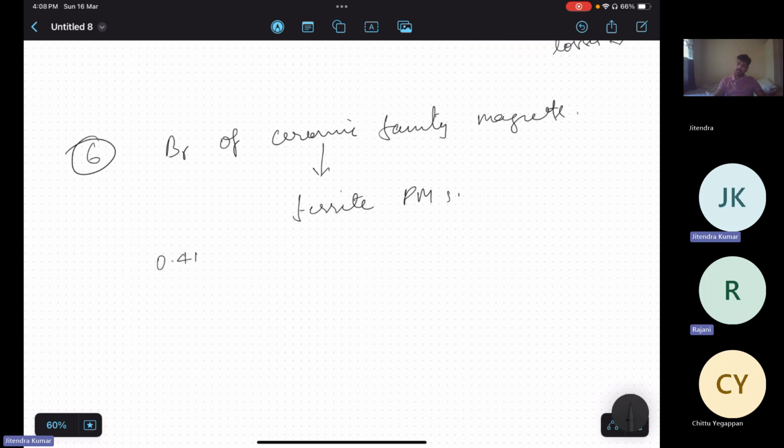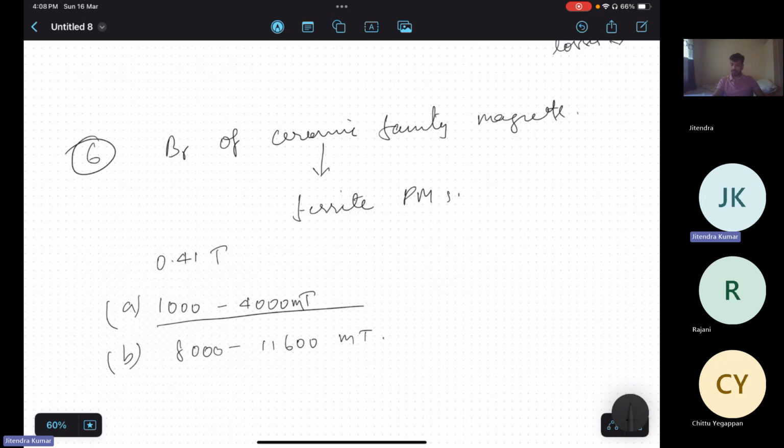Generally, it's 0.41 for all the ferrite magnets, but in the options you were provided, one was 1,000 to 4,000 milli Tesla, and option B was 8,000 to 11,600 milli Tesla. So we can choose, because 0.41, 0.43, 0.45 Tesla are all maximum values.